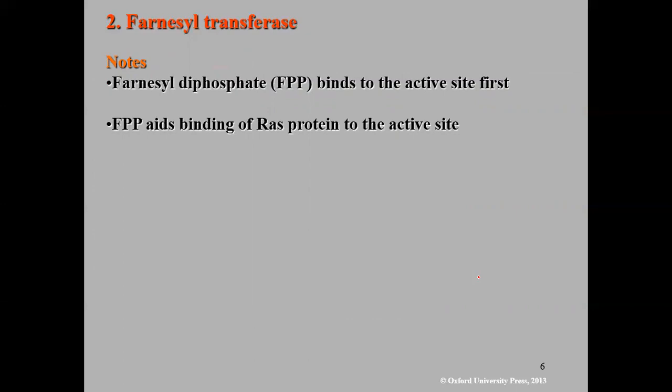So you cannot first attach the RAS protein to the active site, then bring the pyrophosphate. You have to bring the pyrophosphate first, then bind the remaining part of the RAS protein. Magnesium ion and iron ion are present as cofactors. So we know that the farnesyl transferase is a zinc metalloproteinase, so it uses zinc, and now we know it also uses magnesium and iron.